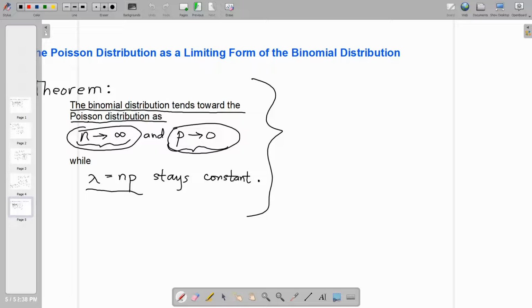Now let us go back to the theorem. What is the probability mass function for the binomial distribution?